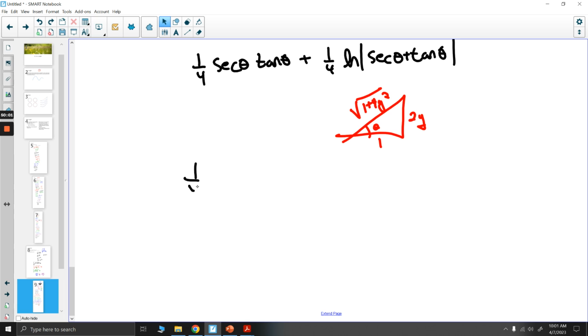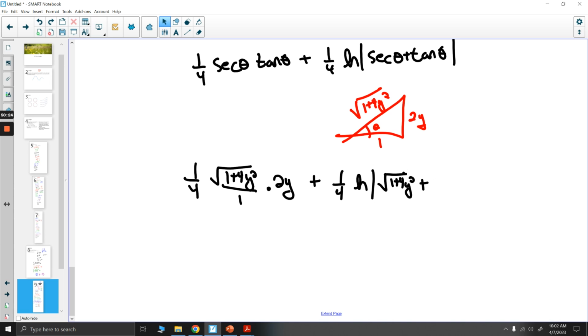So that is 1/4 times the square root of 1 plus 4y squared over 1 times tangent, which is opposite over adjacent, so that's times 2y, plus 1/4 times natural log of secant, which is again the square root of 1 plus 4y squared, plus tangent, which is just going to be our 2y.